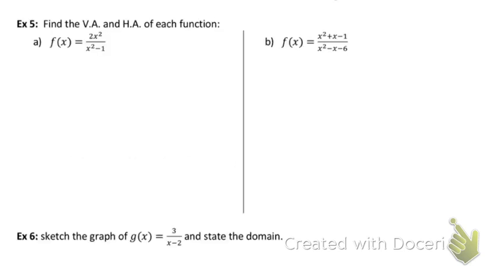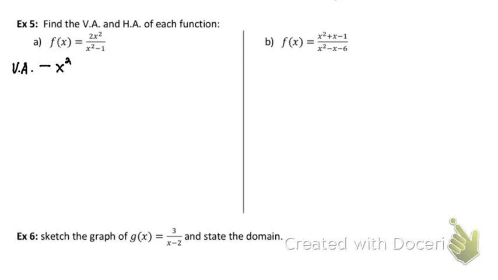All right. We're supposed to find our vertical and horizontal asymptotes of each function. So we have 2x squared over x squared minus 1. Let's go ahead and find our vertical asymptotes first. Vertical asymptotes are where we set our denominator equal to 0.